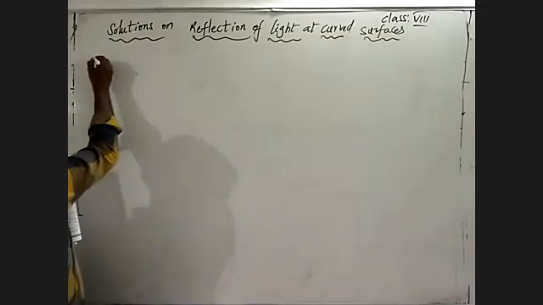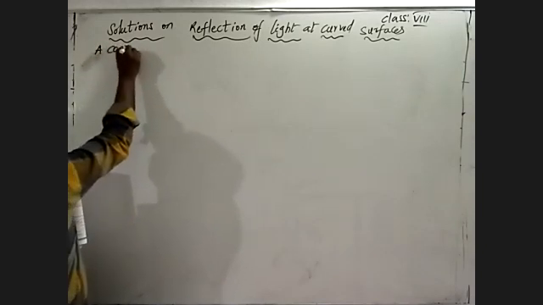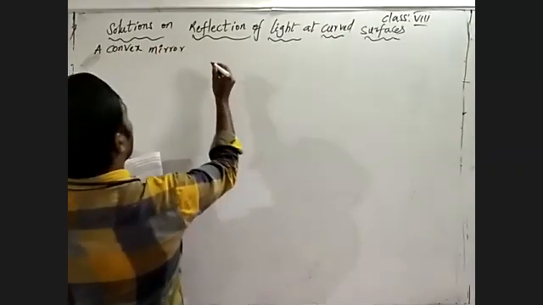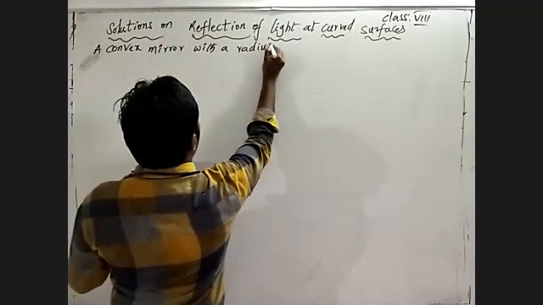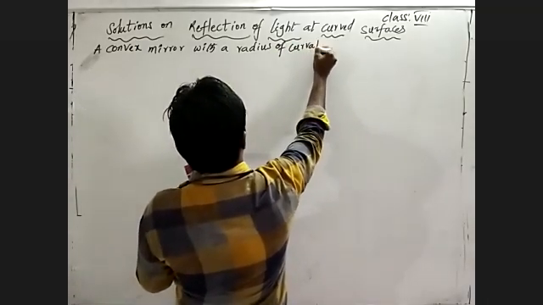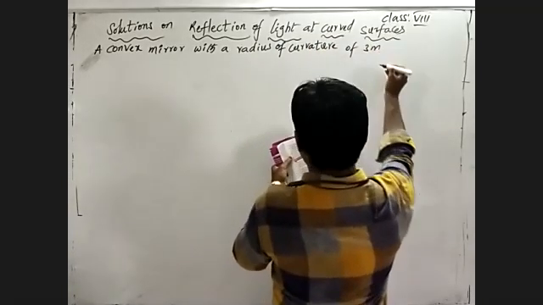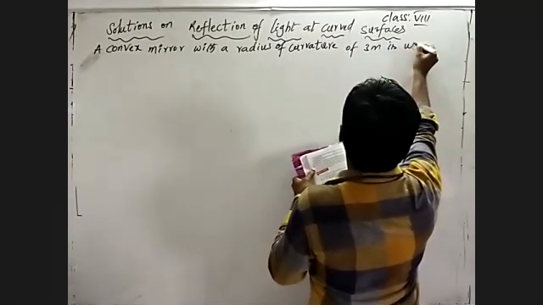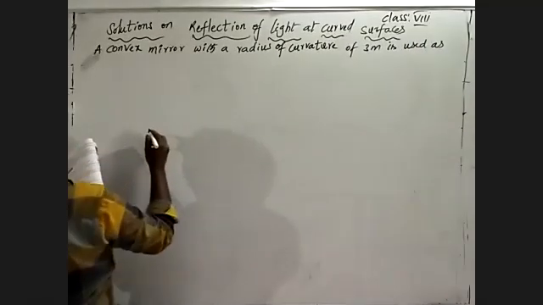A convex mirror with a radius of curvature of 3 meter is used as a rear view mirror in automobiles.